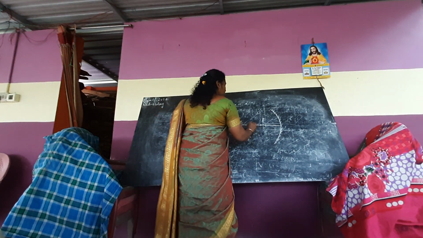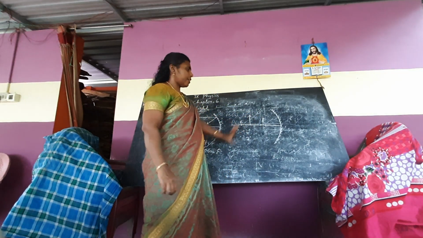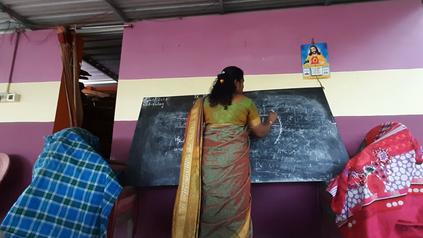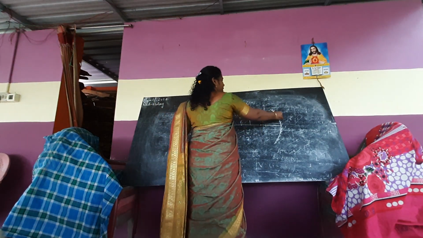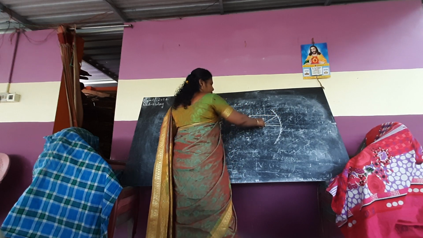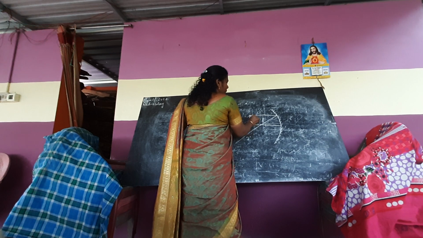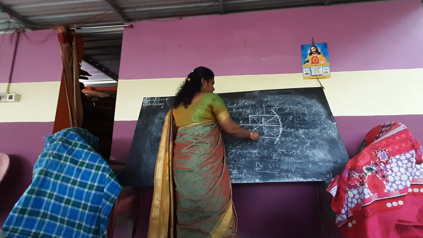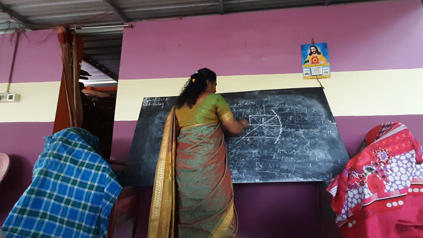So from this object, we draw a ray that passes to the concave mirror. Then what happens? After reflection, it passes through the principal focus. Another ray passes through the principal focus and after reflection emerges parallel to the principal axis. So at this place you will get the image.